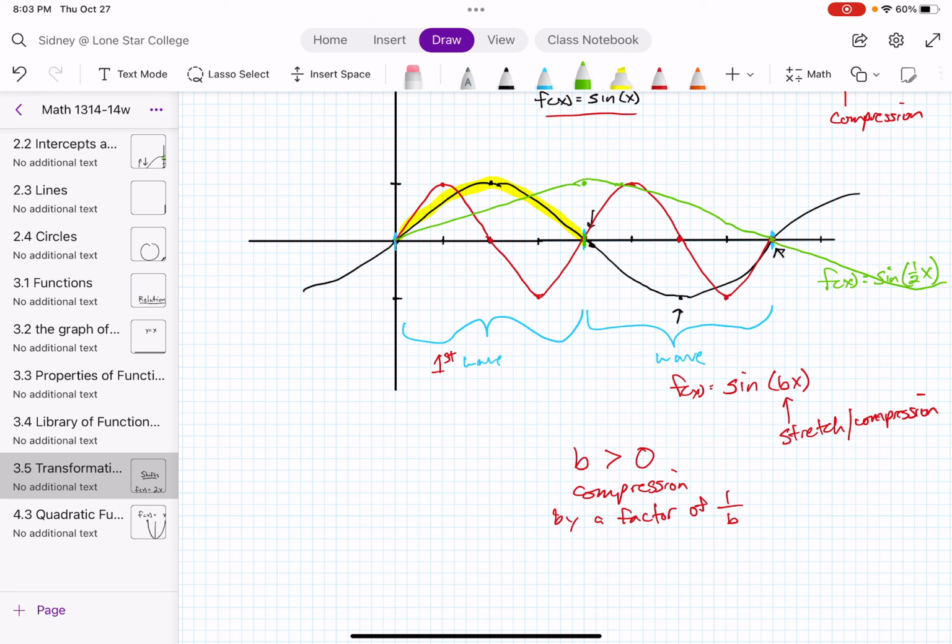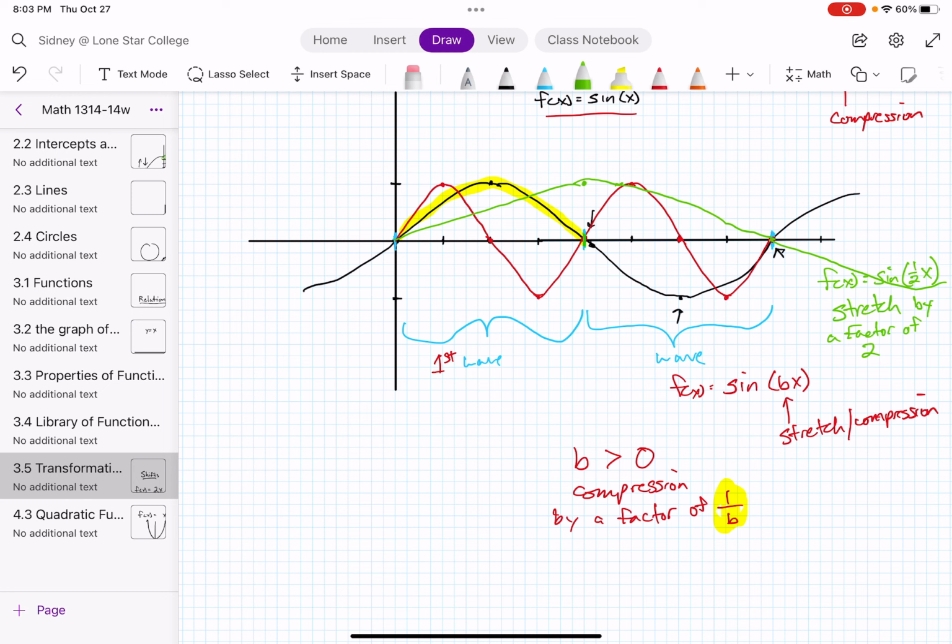So when we look at things like sine of 1/2 x, it also is a scale factor, but it's also the inverse. It's also the 1 over b. So sine of 1/2 x is actually a stretch by a factor of 2. It is going to be twice as long as the original wavelength.